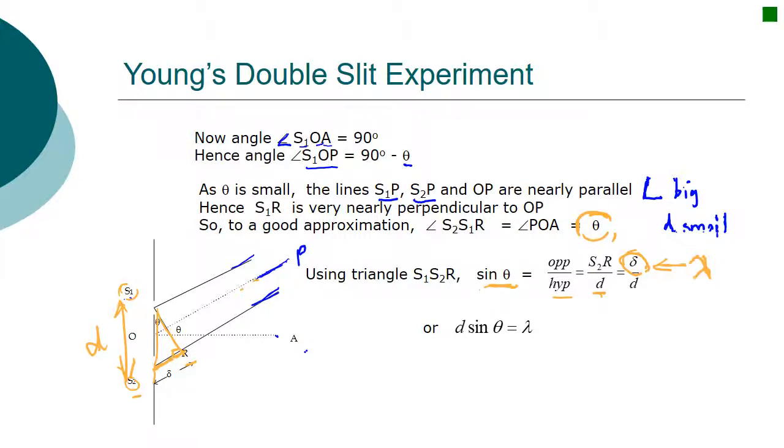We can rearrange that formula to move d to the other side: d sine theta is equal to a wavelength. So that there is our Young's double slit formula. We can use this formula to find d, the distance between the slits, or the viewing angle at a particular point on the screen, or if we have all that information, we can find the wavelength using this equation. So it's really handy.